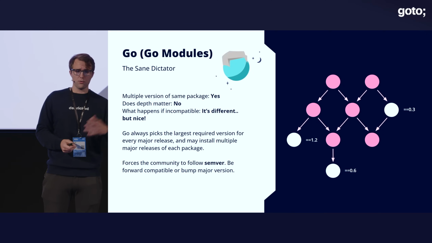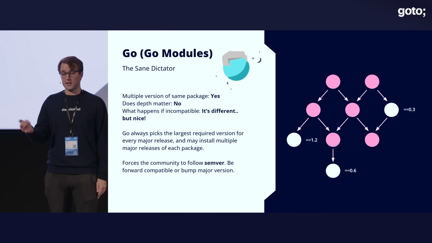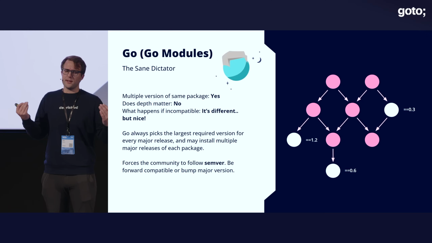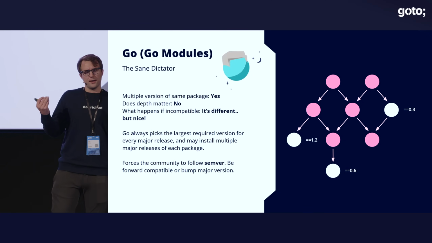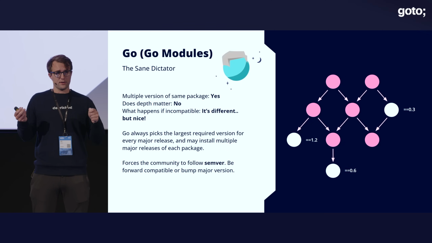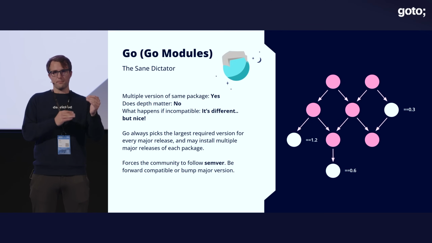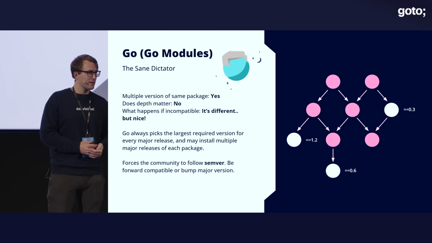So in Golang, you can actually install multiple versions of the same dependency, and that doesn't matter at all. If you have incompatibilities, it's different, but I think it's kind of nice. Golang always picks the largest version within any minor or patch range, but can install multiple major releases of a package.